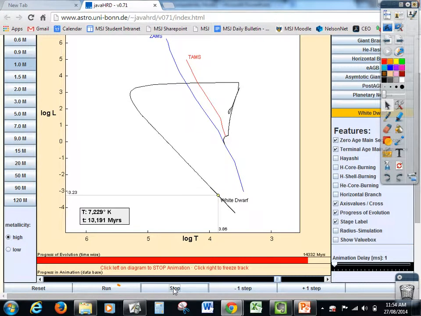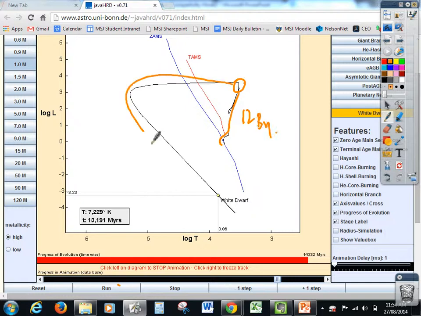The last stage, as it shrinks rapidly, is only going to be a few 100 million years. So it's taken about 12 billion years to get to this point up here. So from here to here is 12 billion years, and from here down to here is 1 billion years.